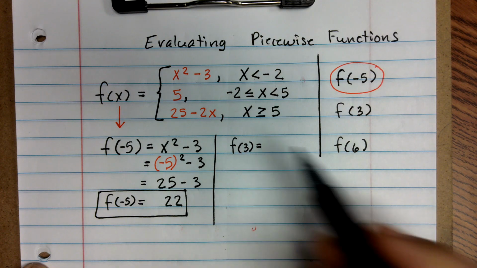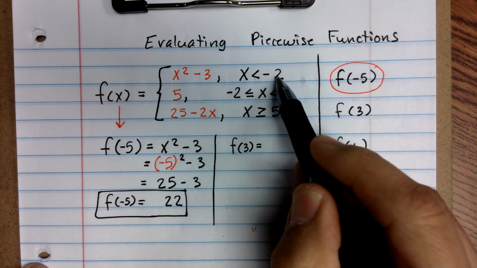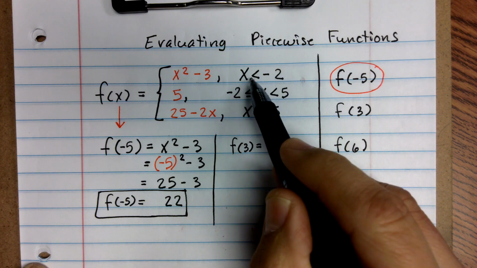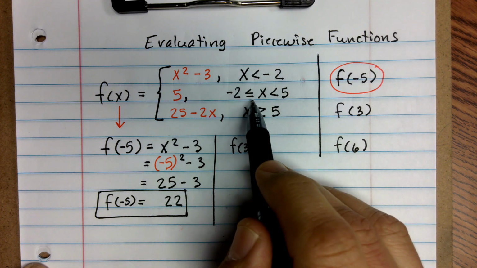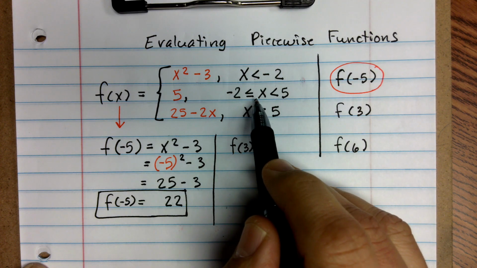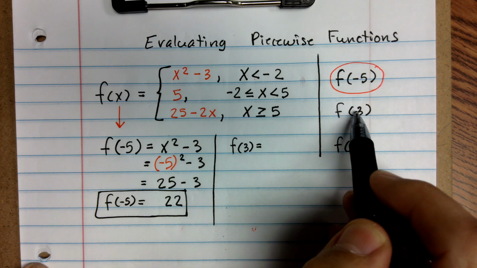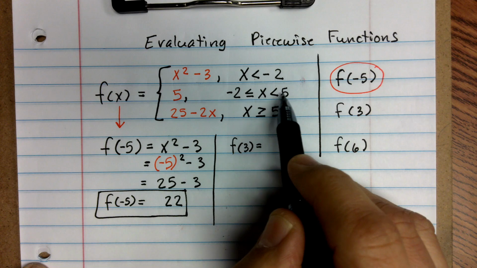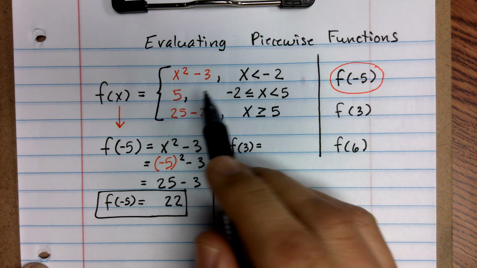Now, f of 3 is not less than -2, first of all. That would be -3 and so on. So we're not going to use the first condition. The next one says when x is greater than or equal to -2, but it's less than 5. Well, 3 is in between 5 and -2. So that tells me that this is what I'm going to use.